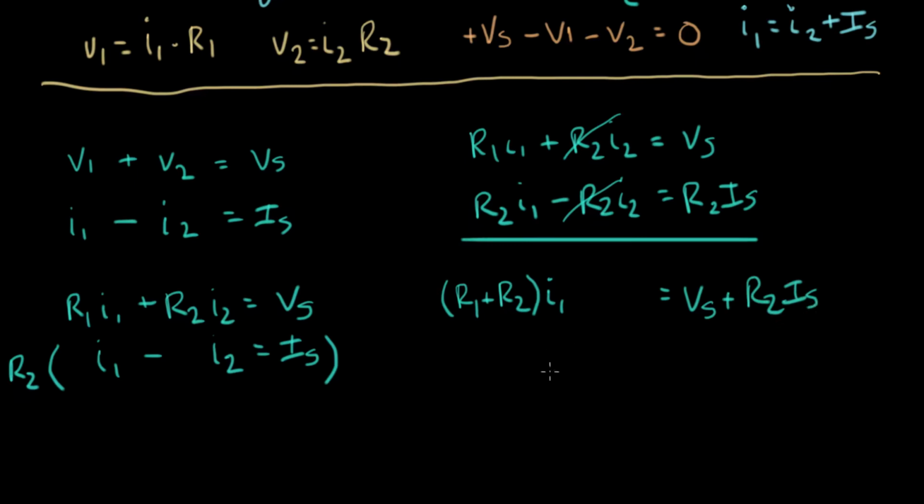And I can get the solution in symbolic terms for I1. I1 equals Vs plus R2Is over R1 plus R2.